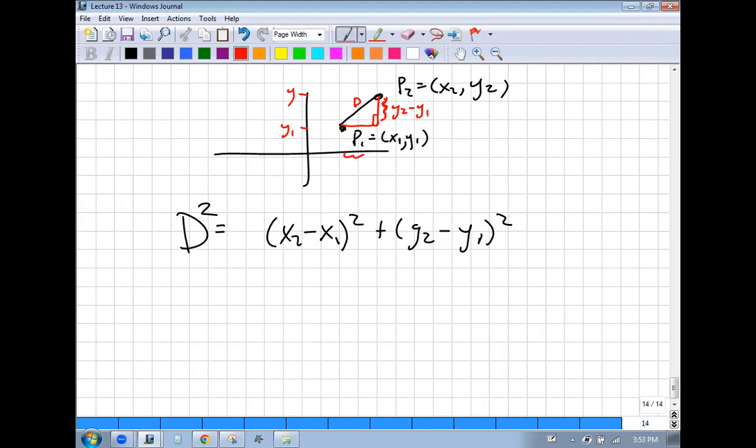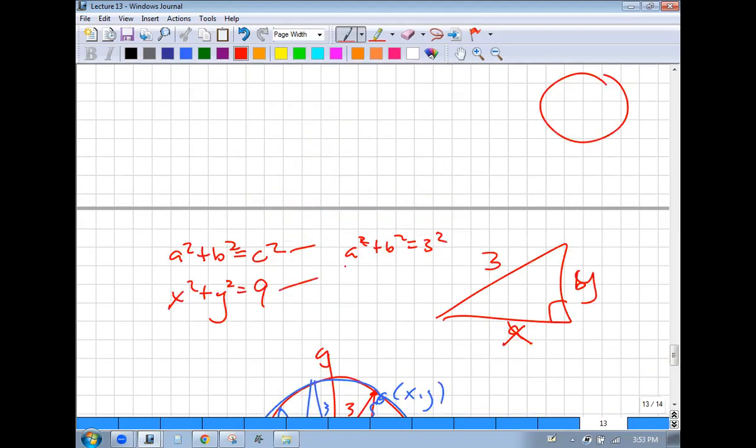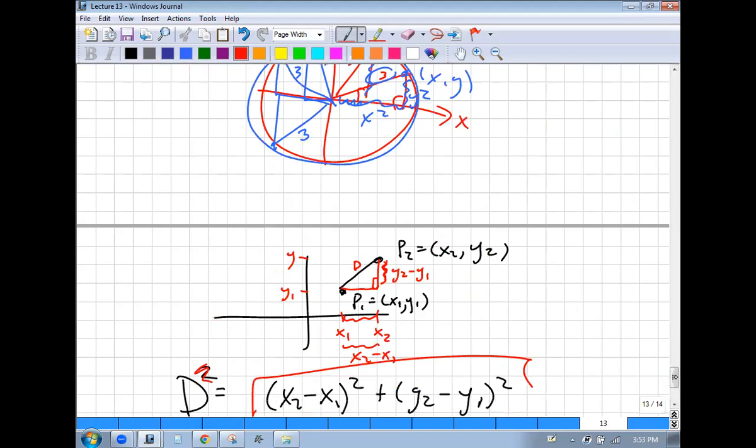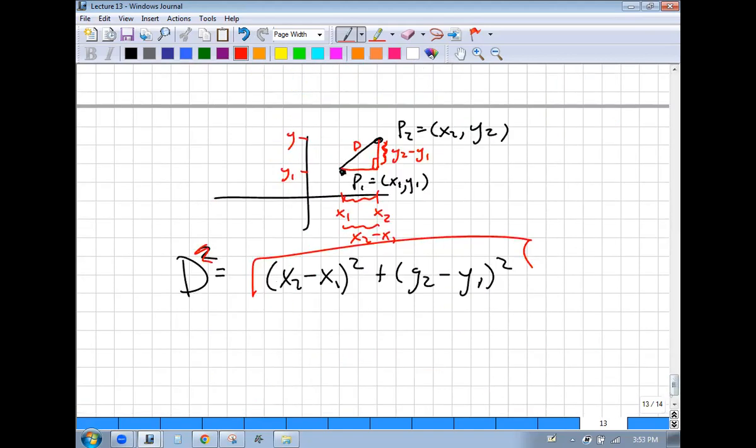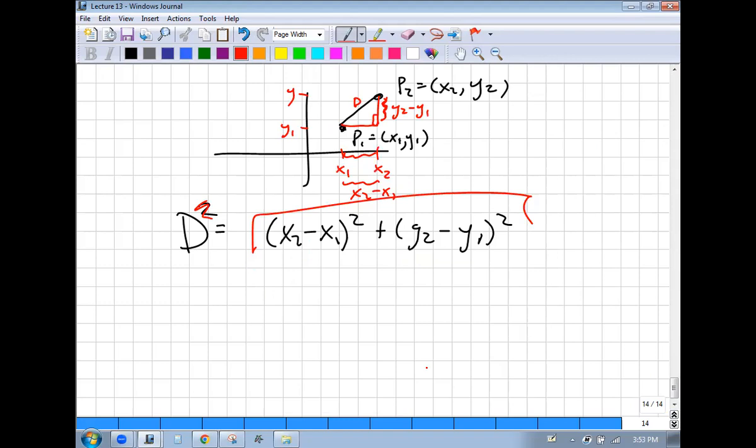And over here, if this is x2 and this is x1, that length is x2 minus x1. So this is one side of the triangle, that's the other side, and this is the hypotenuse. So when you take the square root, that's the distance formula. It's just the Pythagorean theorem. The circle is the Pythagorean theorem, the distance formula is the Pythagorean theorem, and so everything's just the Pythagorean theorem, okay?